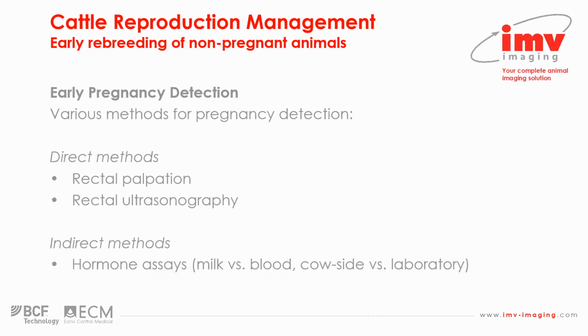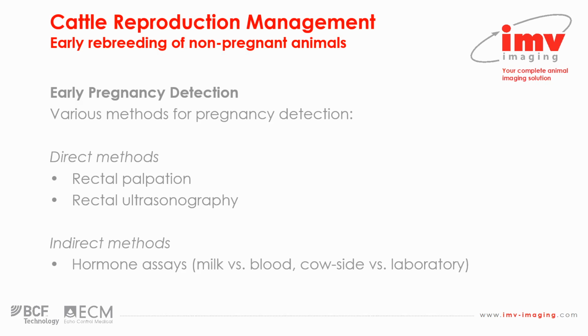So in cattle practice we have various methods of pregnancy detection open to us. Generally speaking, these can be broken down into direct methods and indirect methods. Direct methods rely on per rectum examination, and that can either be rectal palpation, manual palpation, or transrectal ultrasonography, which is clearly the focus of today's webinar.